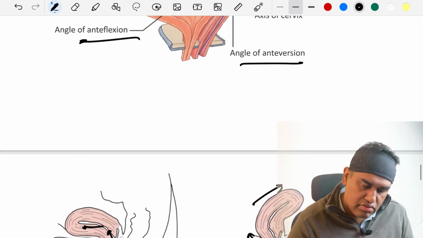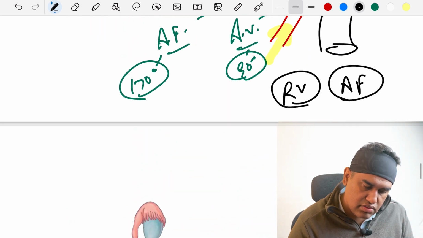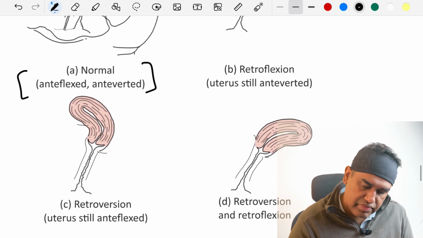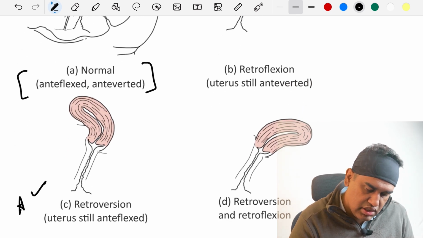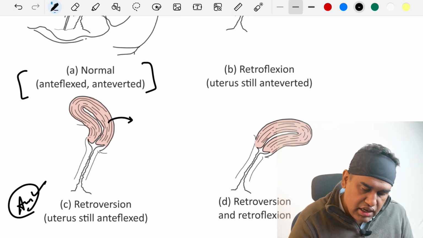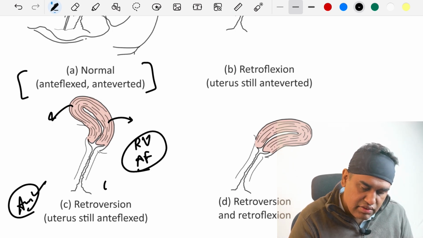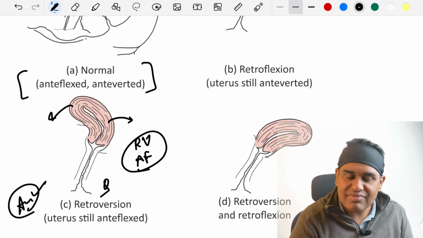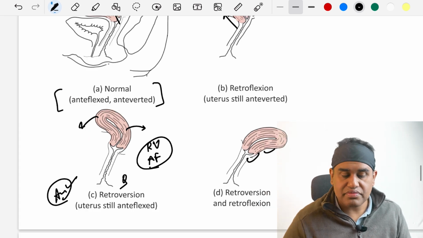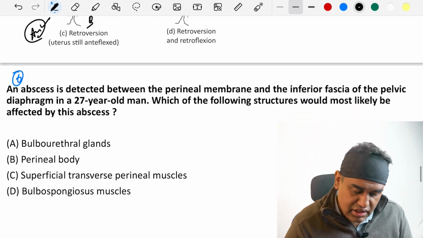Our answer was retroversion, anteflexion. The uterine body looked like going towards the rectum, but the fundus was moving anteriorly. This is your retroversion, anteflexion, the one asked in the question. And if both are going back, we call it retroversion and retroflexion. Remember this, a very important part.